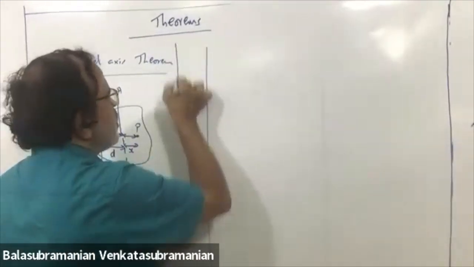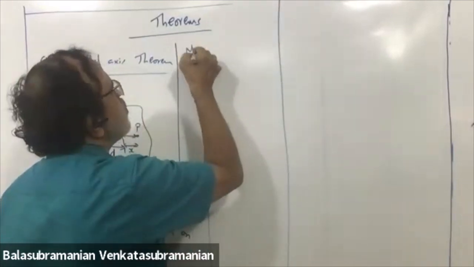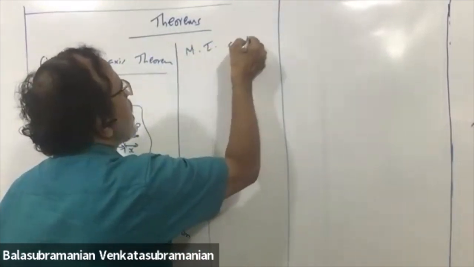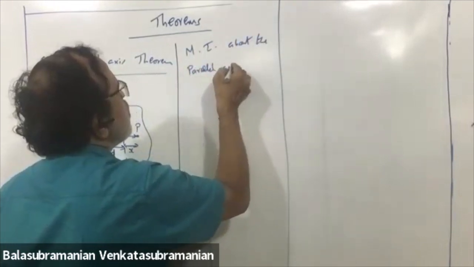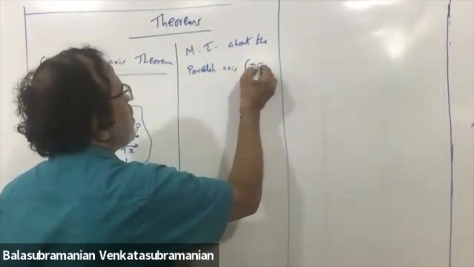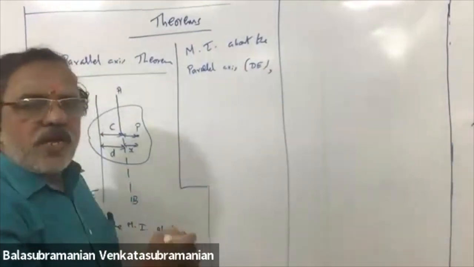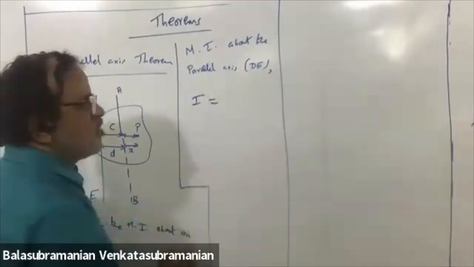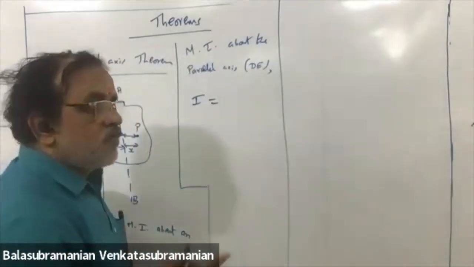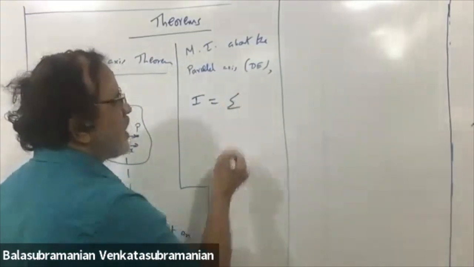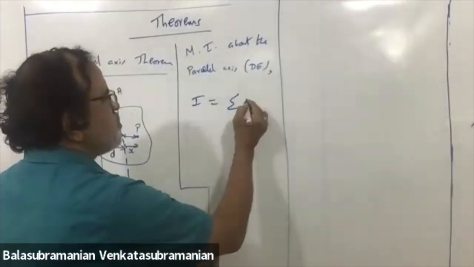Moment of inertia about the parallel axis DE for the entire body, I is equal to, the formula is mass into distance square for all the particles. So we have to write sigma. Mass of one particle is m.